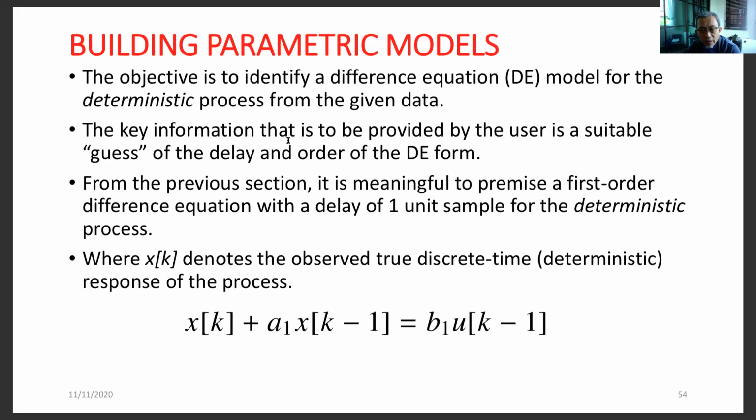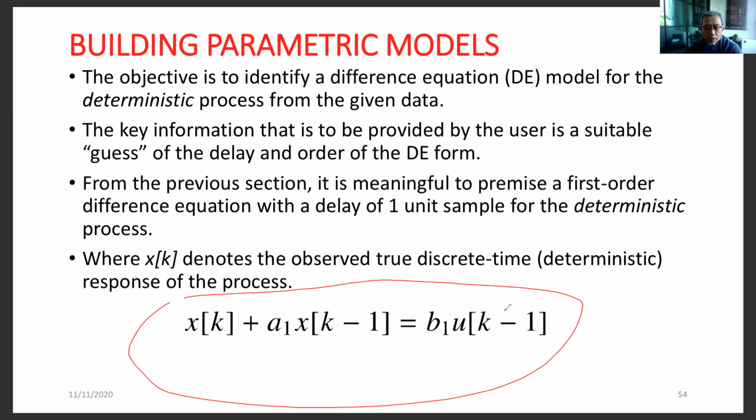But it is meaningful that the first order difference equation with a delay of 1 unit sample of the deterministic process can be written as this equation: xk plus a1 xk minus 1 equals b1 uk minus 1. Okay, this will describe the true discrete time deterministic response of the process.